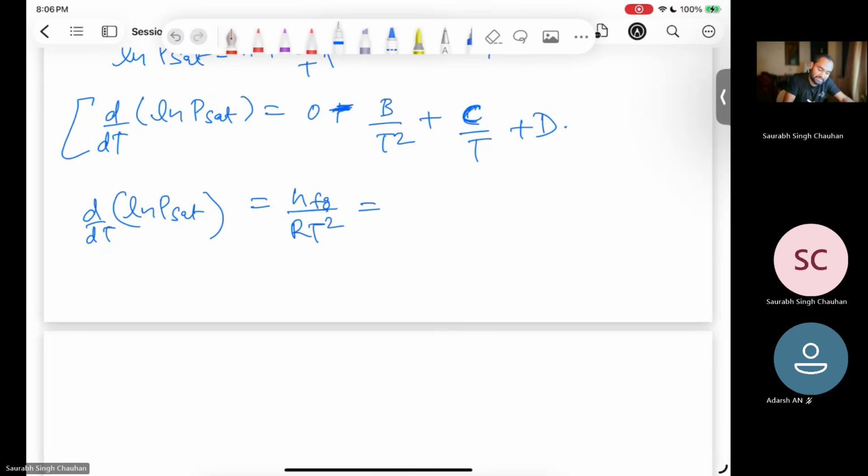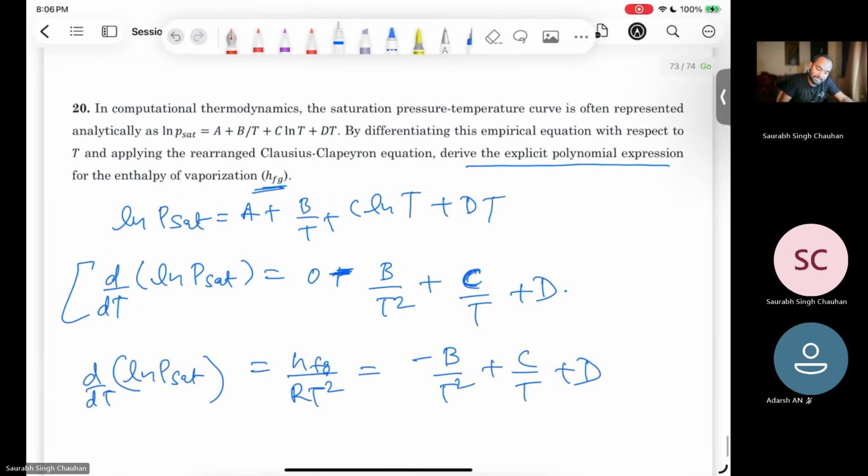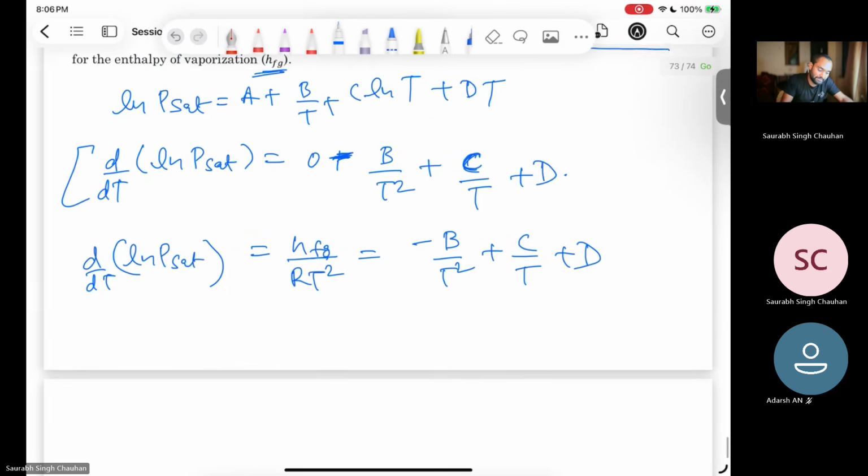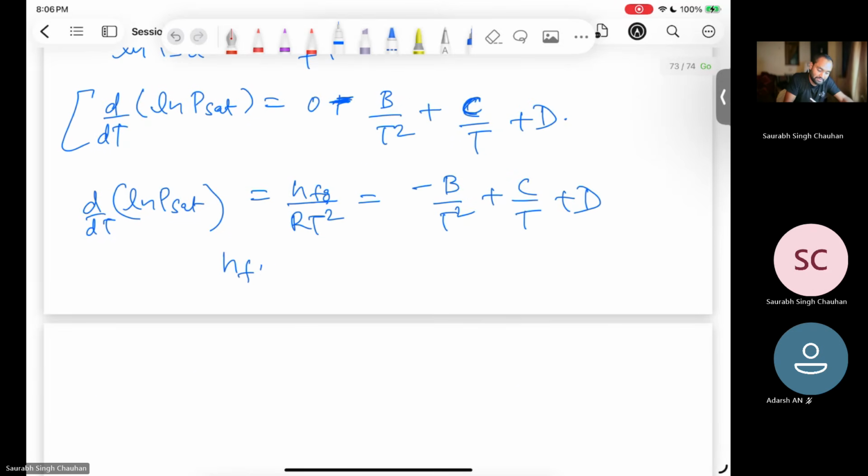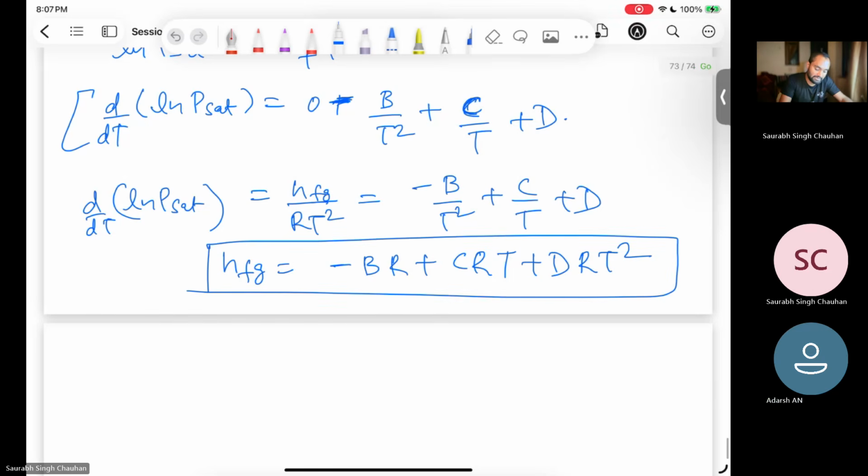And this thing is just the differentiation that we have just written, B by T square plus C by T plus D. So h fg can be easily written. h fg will be equal to R T square times, so minus B, and R T square will be cancelled out, plus C R T, plus D R T square. Okay, fine. So this is the expression for enthalpy.